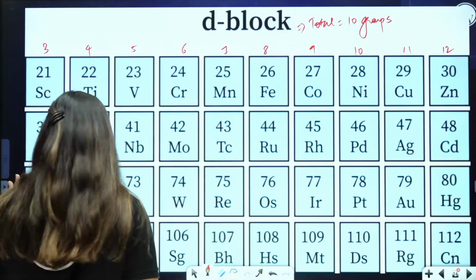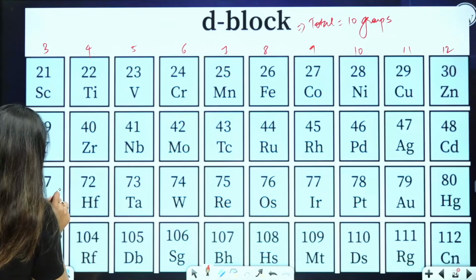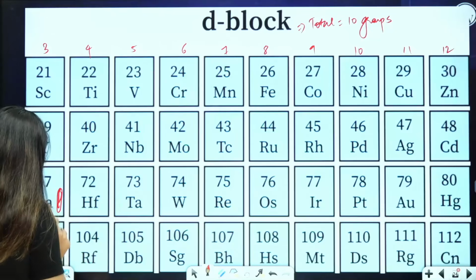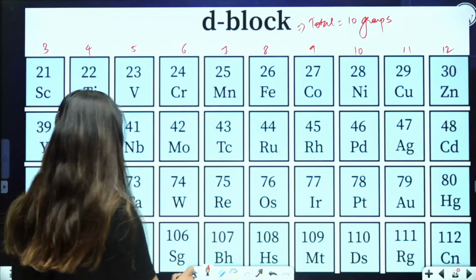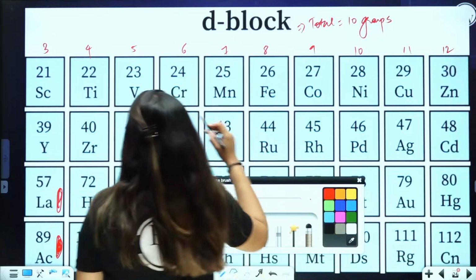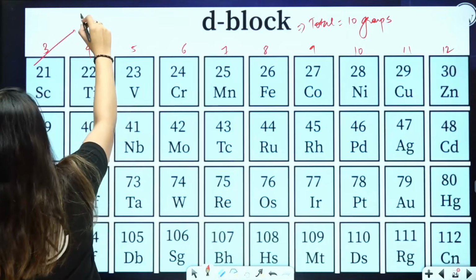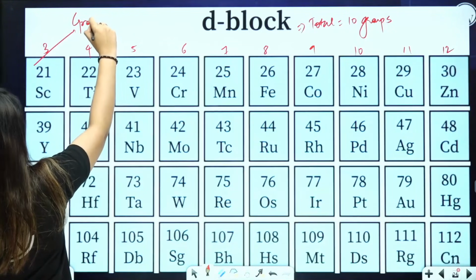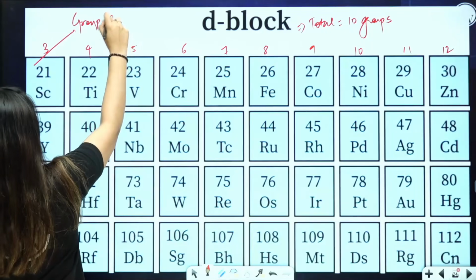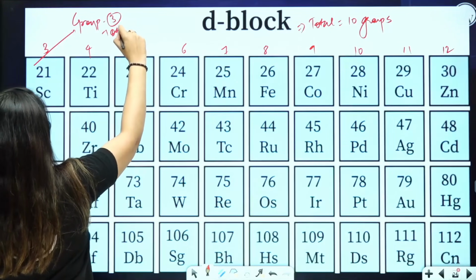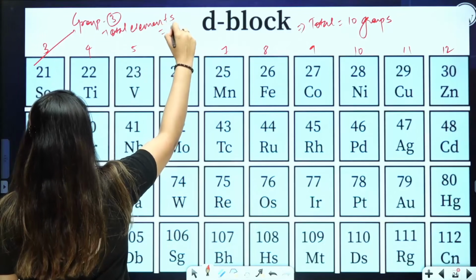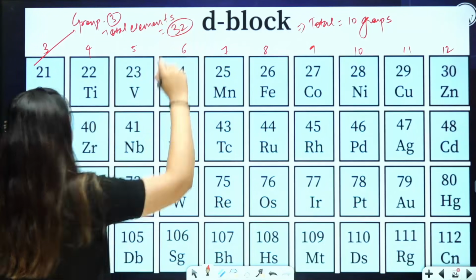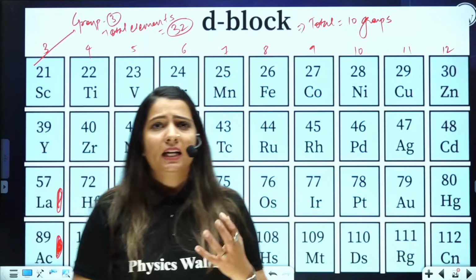The lanthanoids are present after lanthanum, and the actinoids after actinium. Do not forget that group number 3 has a total of 32 elements. How do we have 32 elements in group number 3?